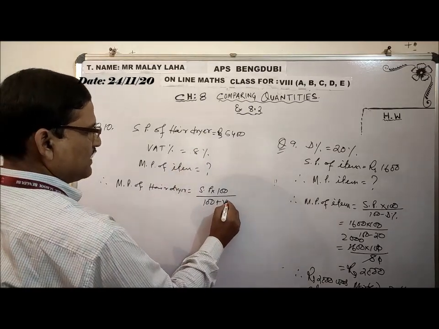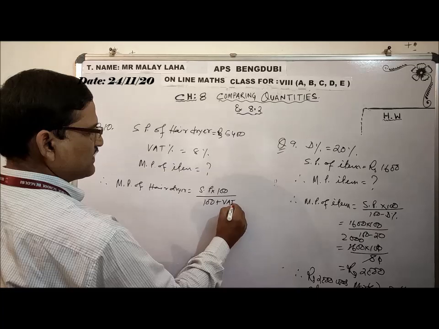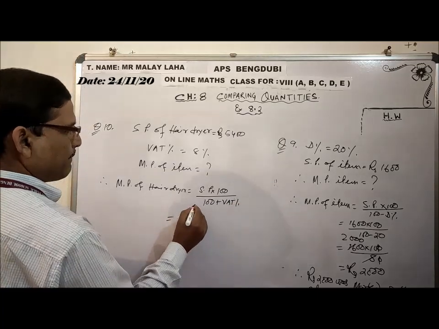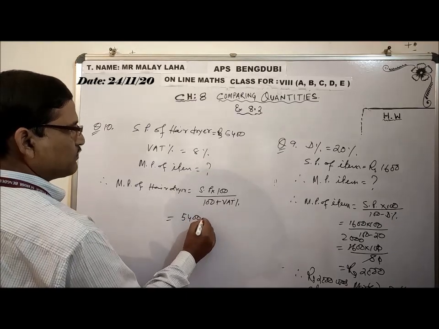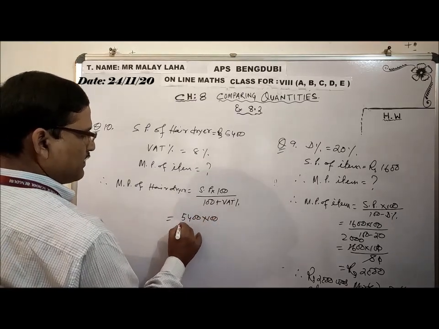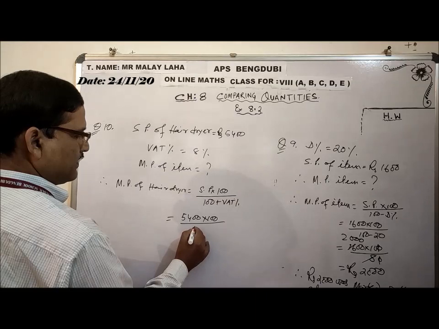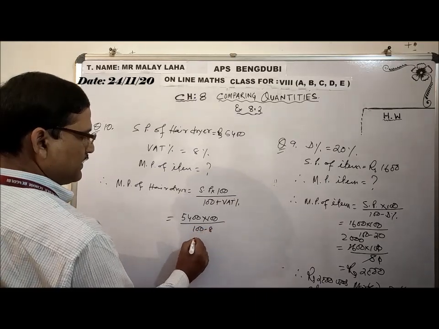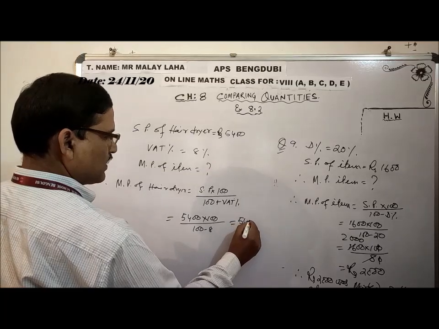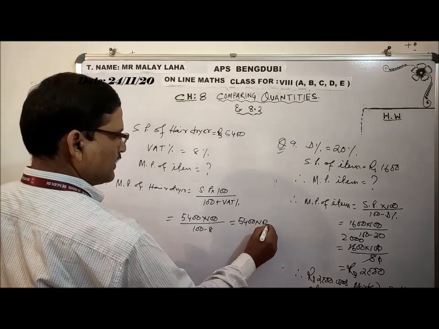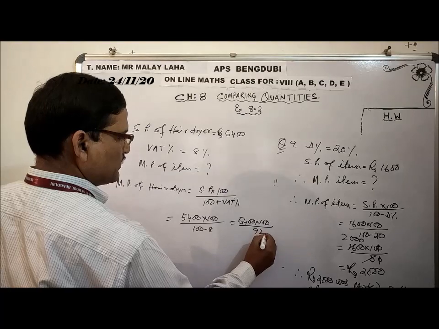Tax is a condition of plus VAT percentage. So put the data. SP is 5,400 into 100 by 100 plus 8. Okay, it will be 5,400 into 100 by 108.